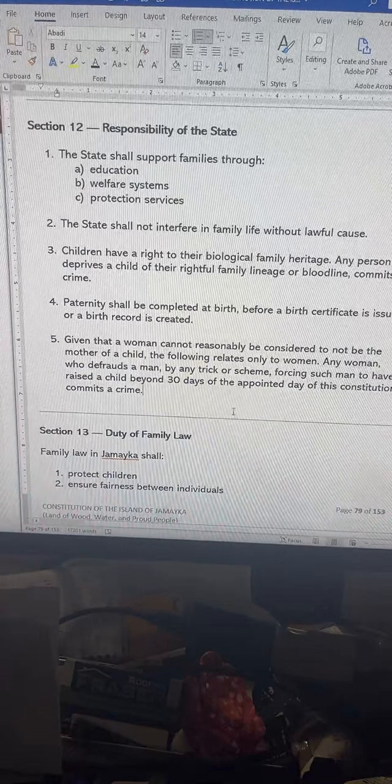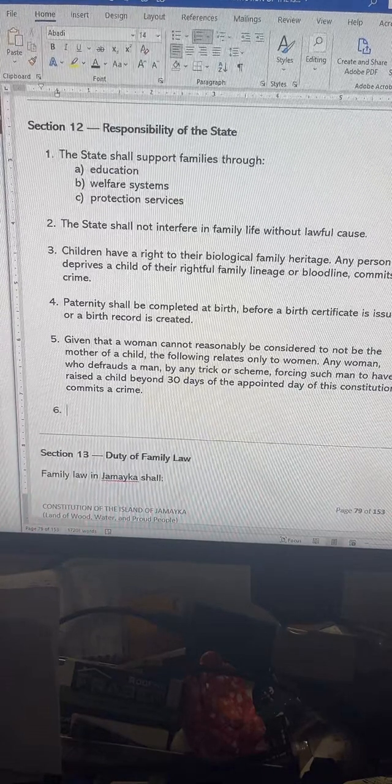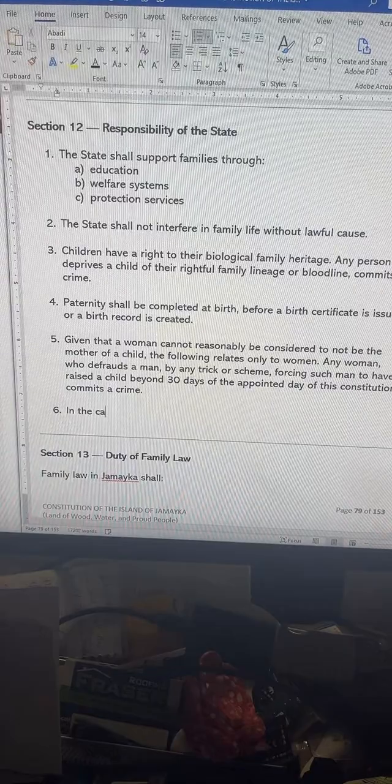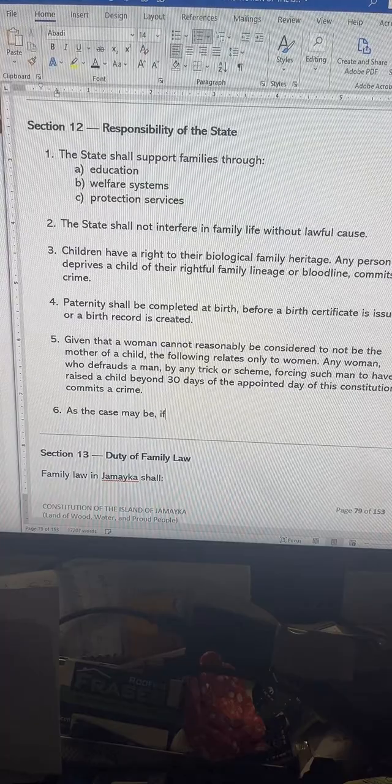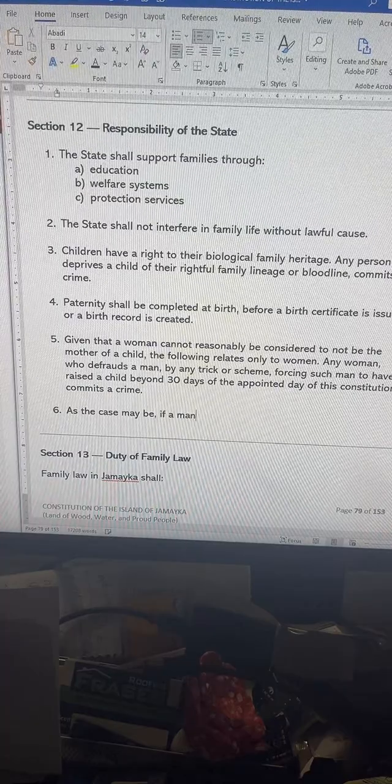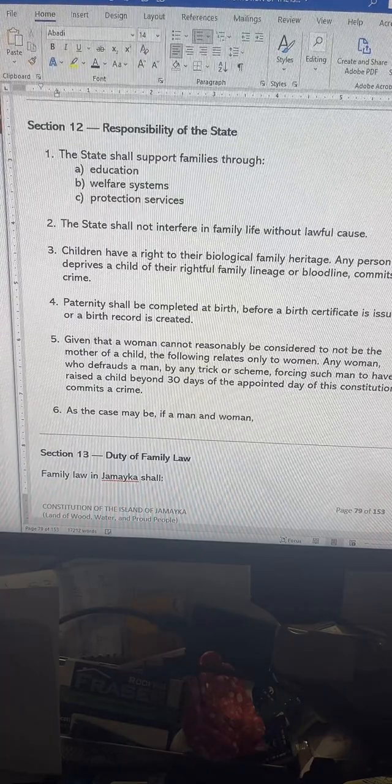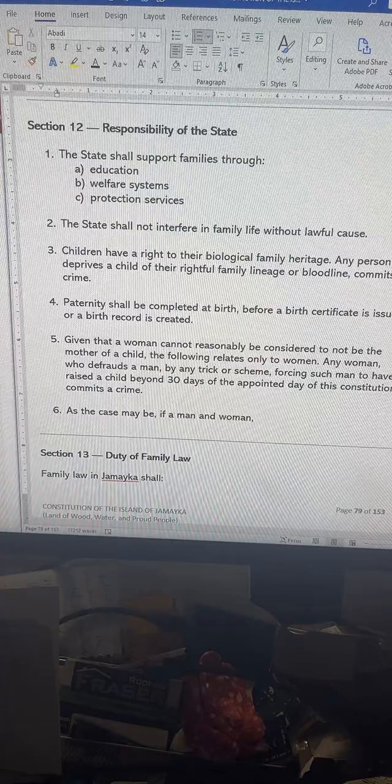We're going to add one more thing. As the case may be, if a man and woman, we're not going to say marriage because not everybody are going to end up in that situation.